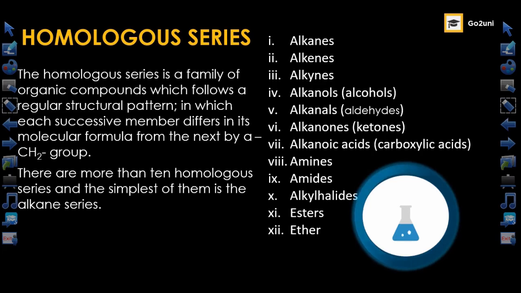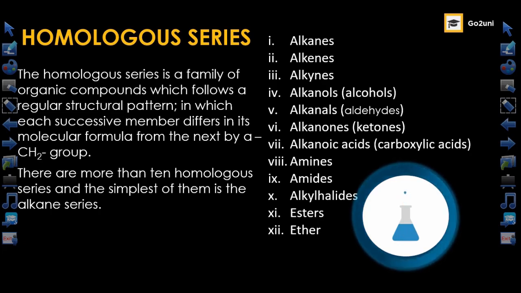Once again, we said homologous series is a family of organic compounds in which each member in the family differs from the next member by a CH2. Since they all differ by a CH2, it implies that they follow a regular structural pattern.